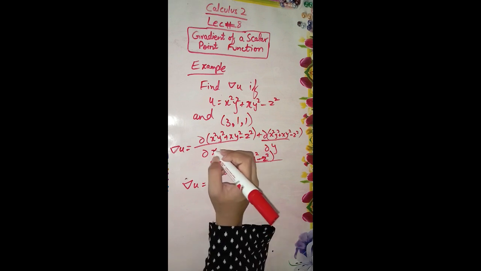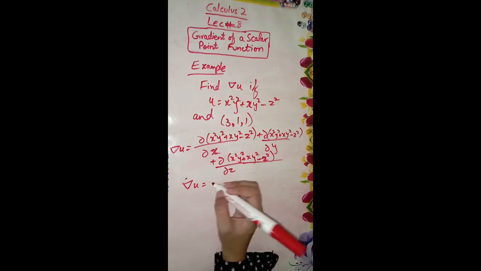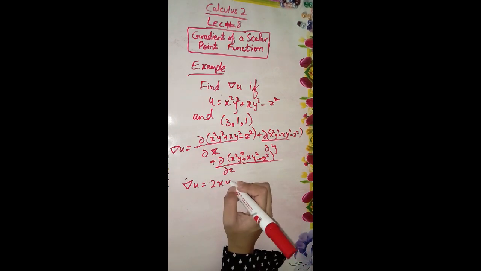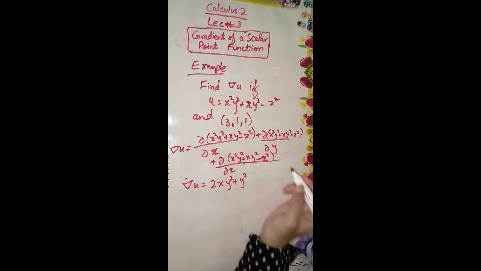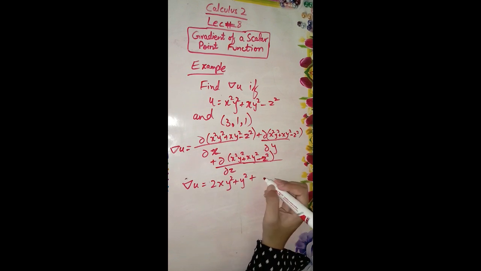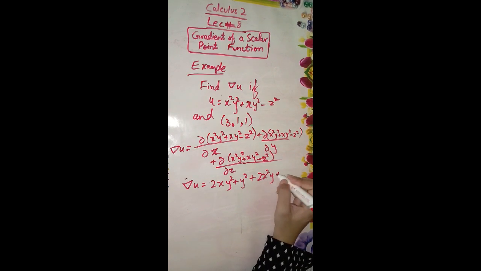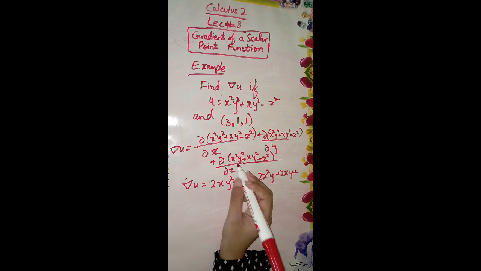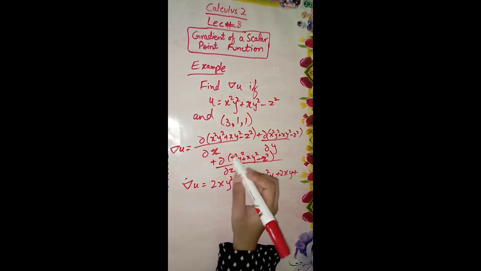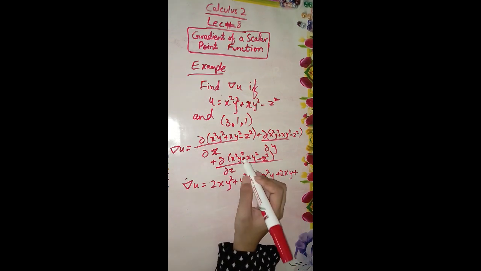So while taking the partial derivative with respect to x, our answer will be 2x y square plus y square, and with z it will be 0. So plus, with respect to y it will be 2x square y plus 2xy, and with respect to z it will be 0. And after that plus, with respect to z, the first expression will be 0 and the second will also be 0.